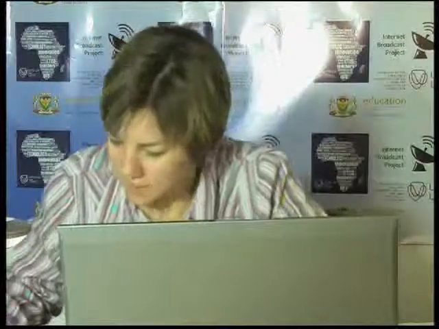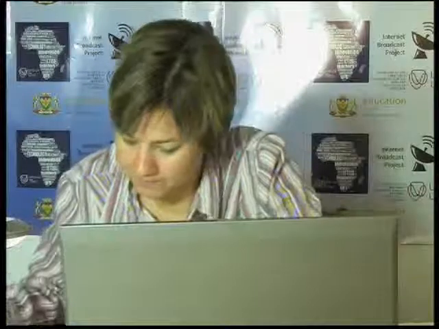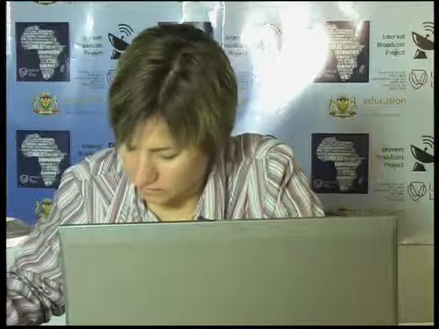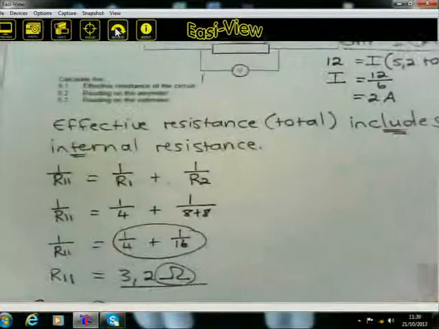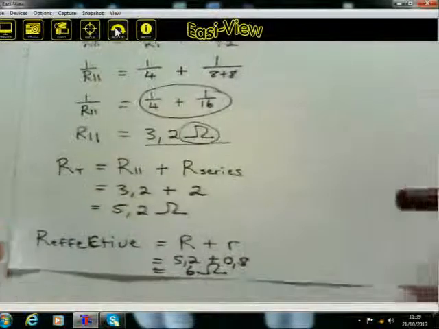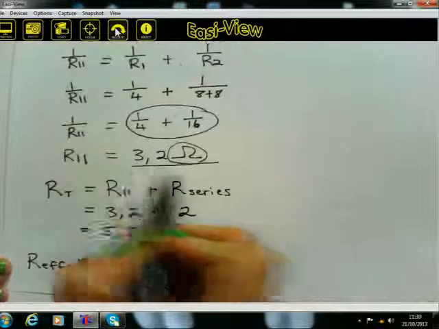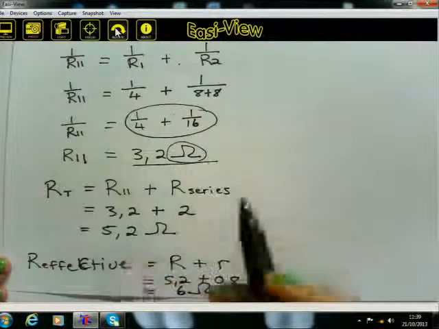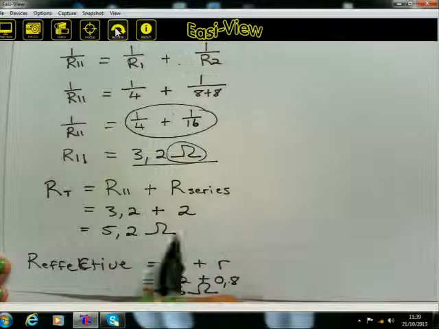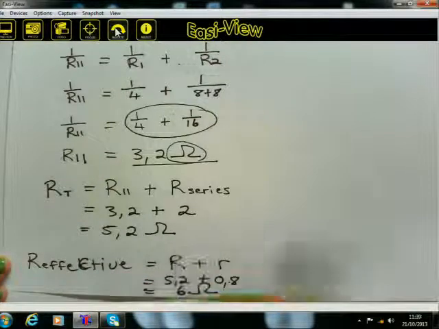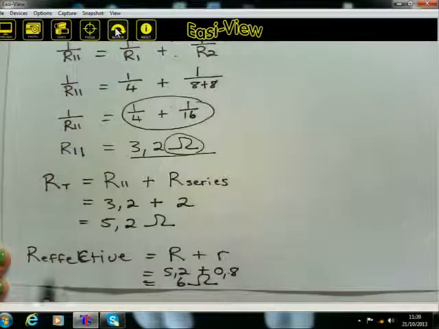Alright, let's continue with this problem. Let's look at the information that we have calculated already. We know that R parallel is 3.2. We know that the external resistance is 5.2, and we know that the total effective resistance, external plus internal, is 6 ohms.